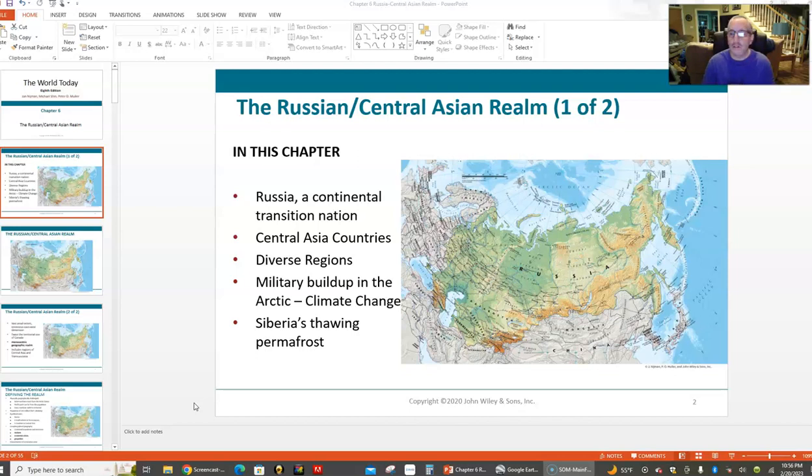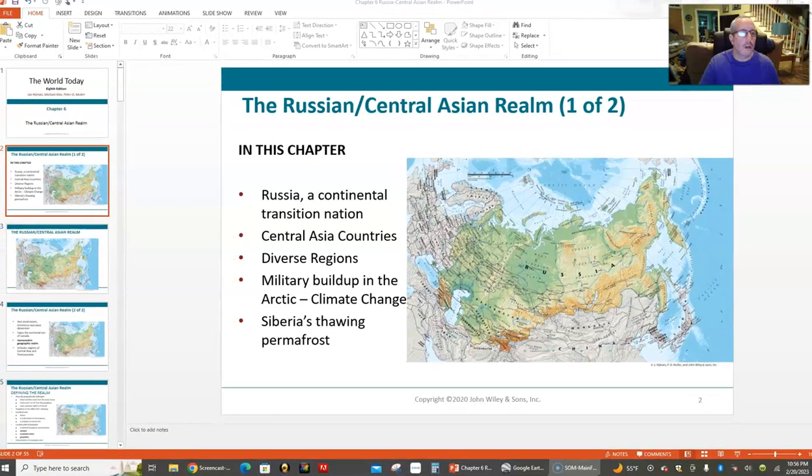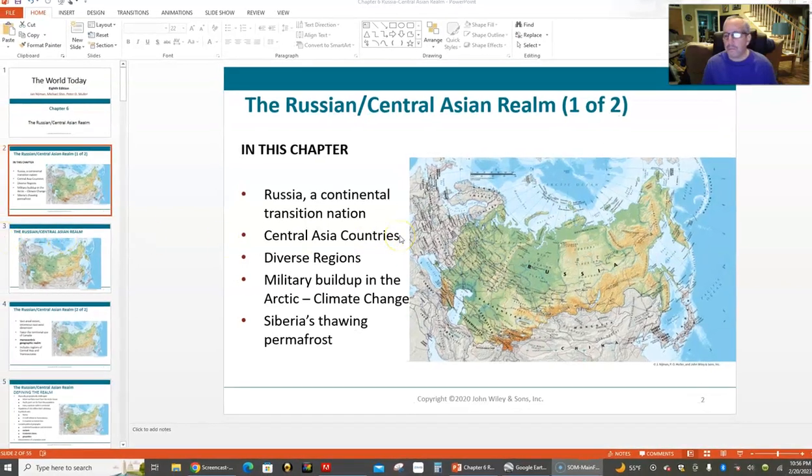I'm going to try to do it as efficiently as possible so that I don't take too much of your time. And what I want to start out with is just the vastness of how large Russia is. If you remember in our last chapter in Europe, we talked about the western end of Russia actually being in Europe. And if you look at this map here, over here is Europe, and then all of this is Russia.